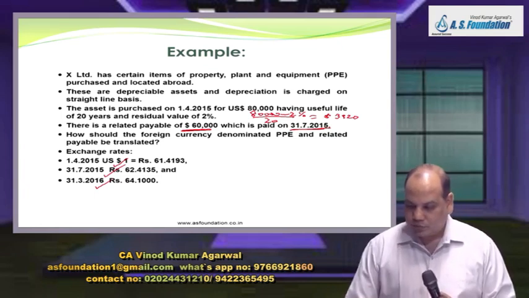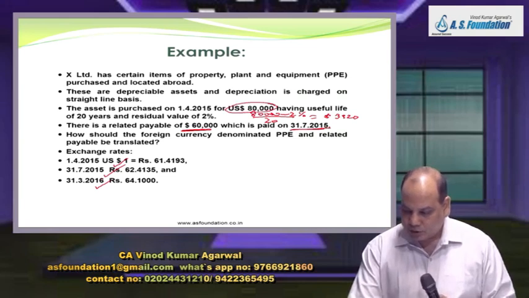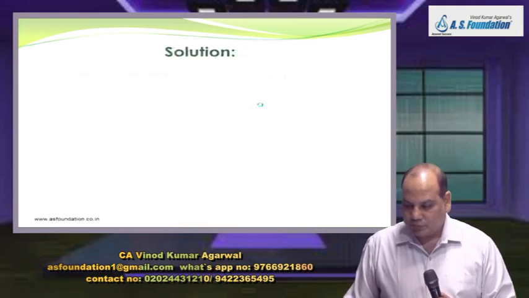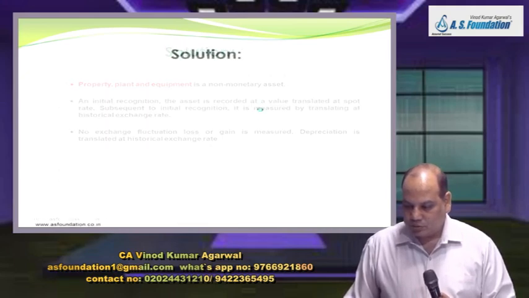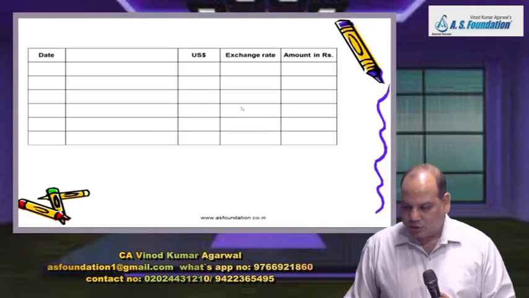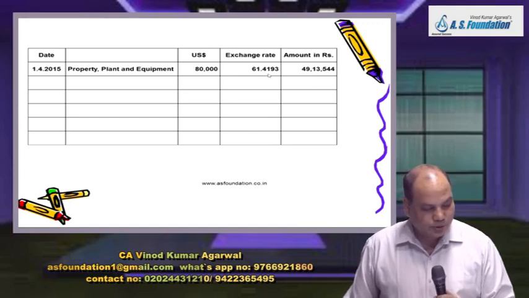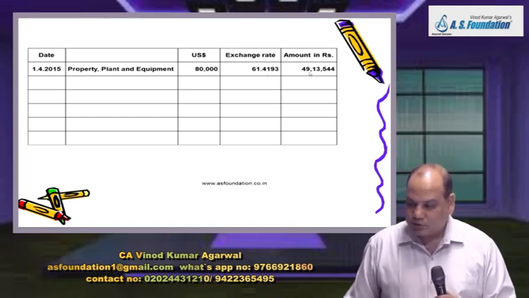So first you have to answer at what rate this asset will be initially recorded. 61.4193. So you will first record this property, plant, equipment at 80,000 into 61.4193. Just check this number. Is it right?